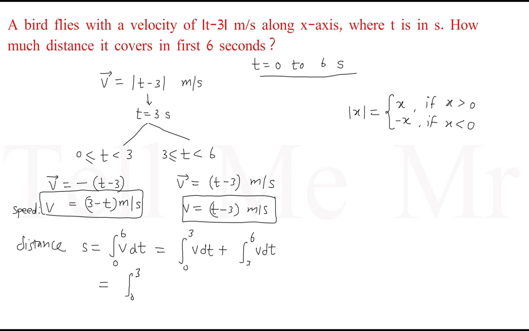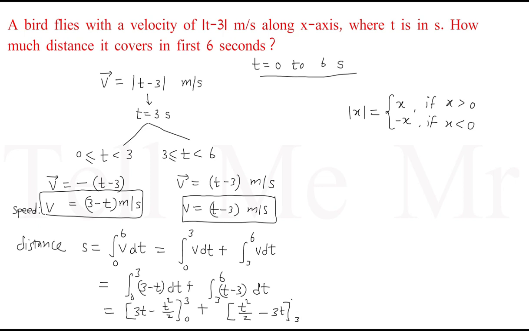From 0 to 3 the speed is 3 minus t, dt, and from 3 to 6 the speed is t minus 3, dt. If you integrate this, the integration of 3 will be 3t minus the integration of t, which is t square by 2, with lower limit 0 and upper limit 3, plus the second integration: the integration of t will be t square by 2 minus the integration of 3, which is 3t, from 3 to 6.